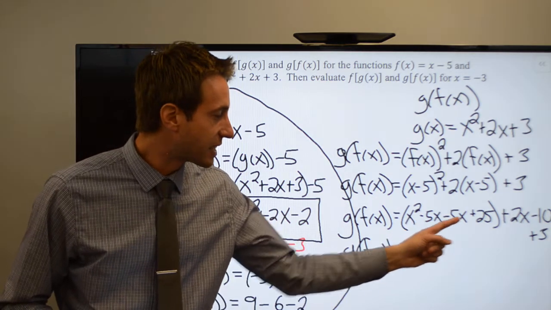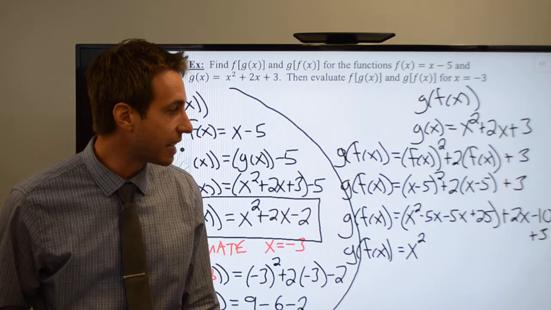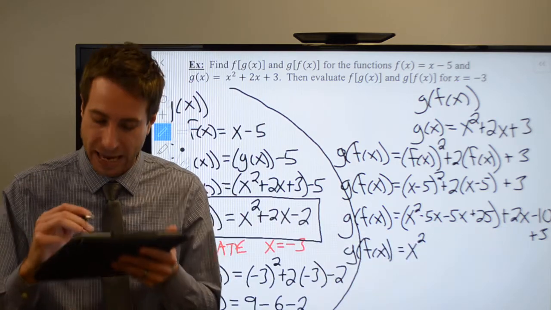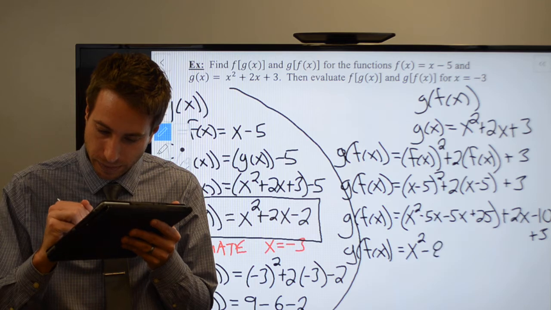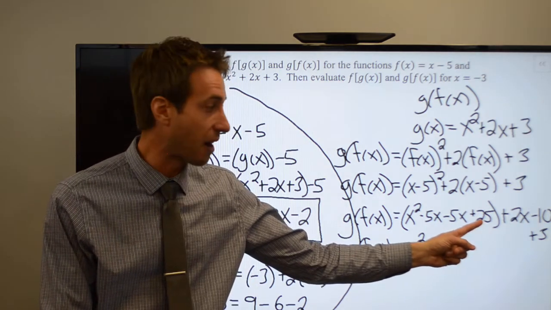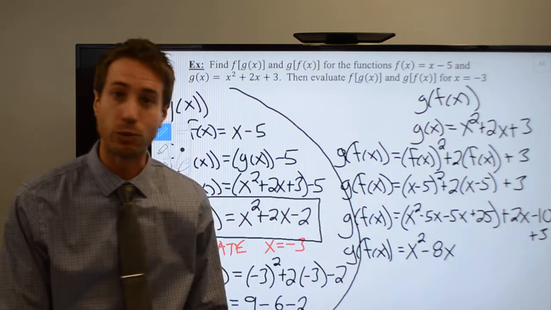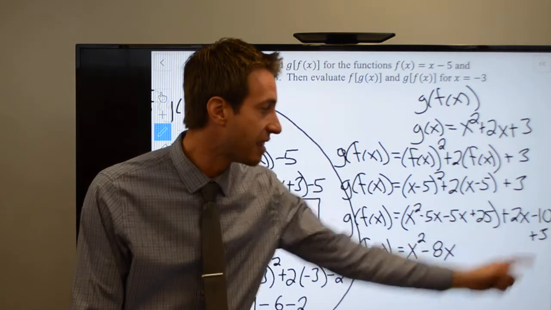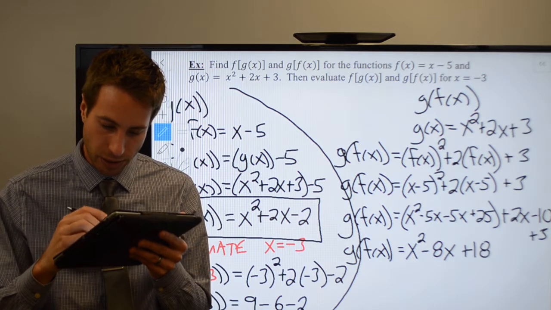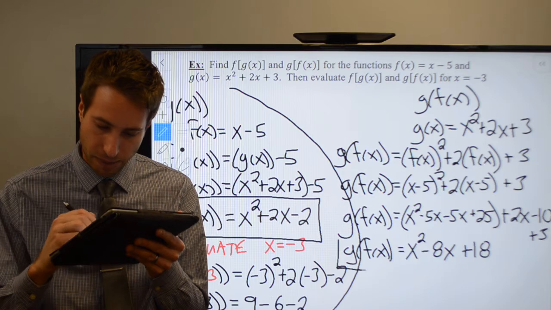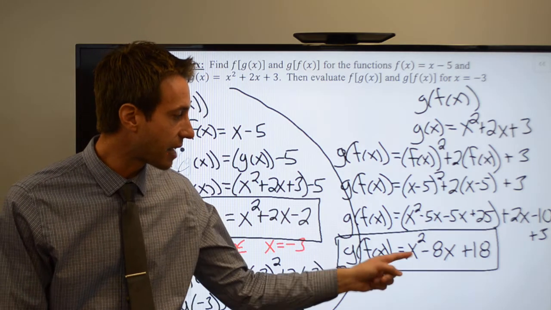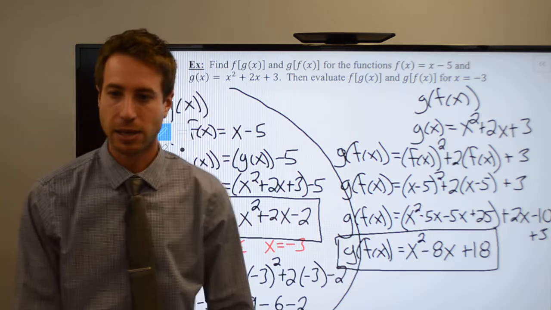Okay, negative 10x plus 2x would be a minus 8x. Then I have a plus 25 minus 10, which would be a positive 15, and then I add 3 to that, so plus 18. So this is my composite function, g of f of x: x squared minus 8x plus 18.